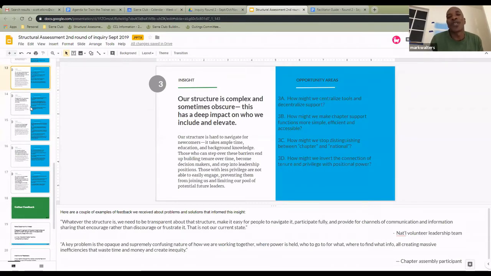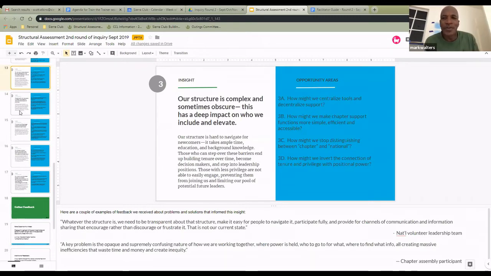So we want to make sure that we disrupt the way this is set up, and so we've crafted these questions, the opportunity areas on the right, around disrupting this. How might we make chapter support functions more simple, efficient, and accessible?